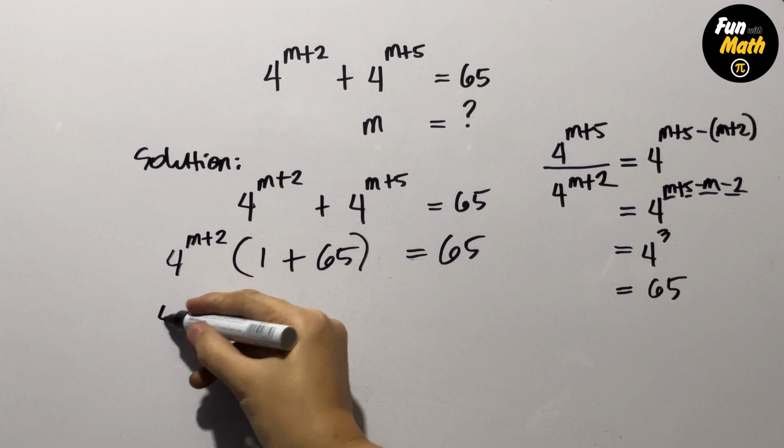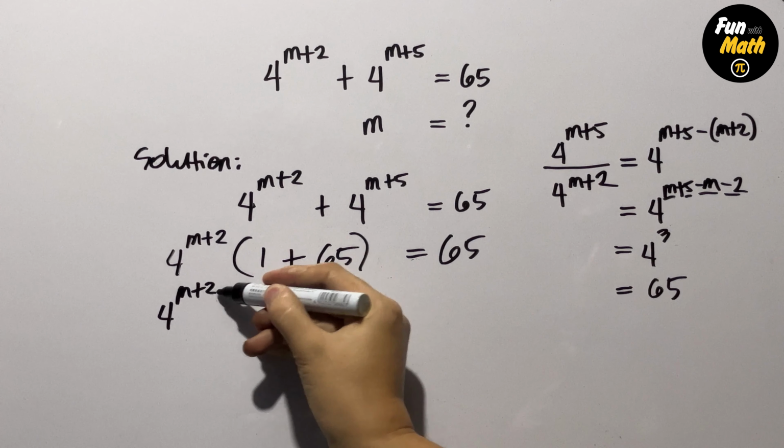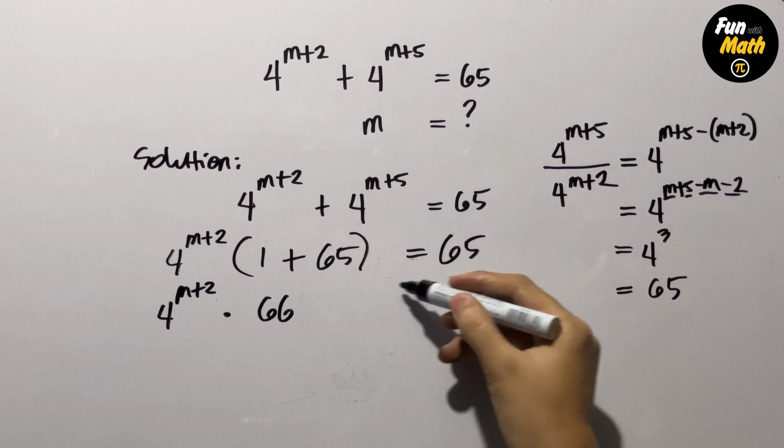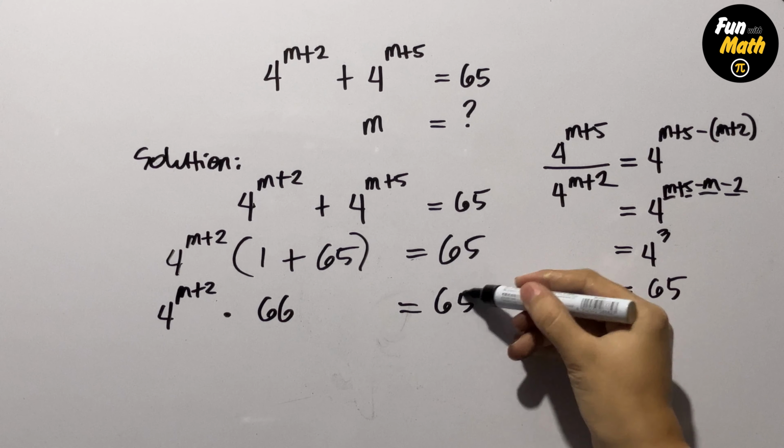Now, 4 to the power of m plus 2 times 1 plus 64 equals 65.